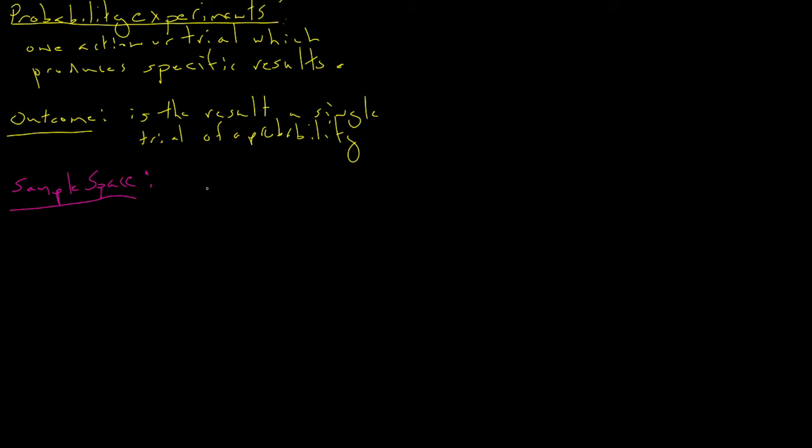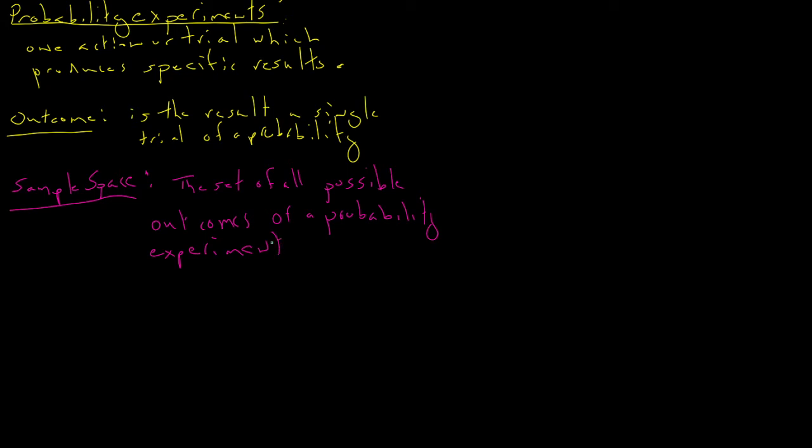And so the sample space is the set of all possible outcomes of a probability experiment. And I know when I say it in class, I see people go, wait a minute, but samples were a subset of the population and the population was all.